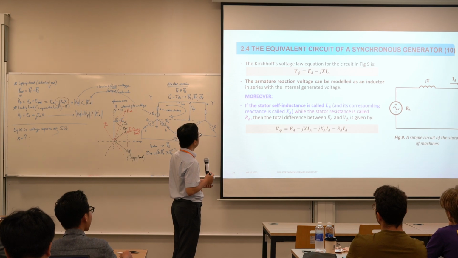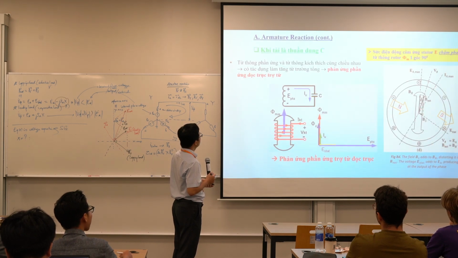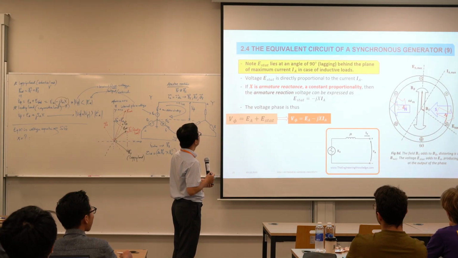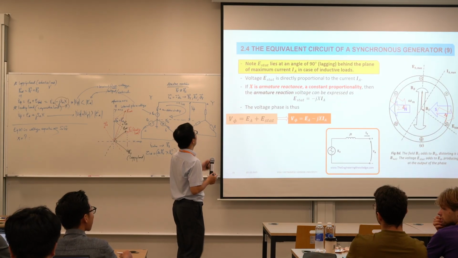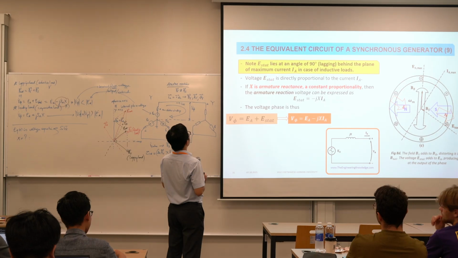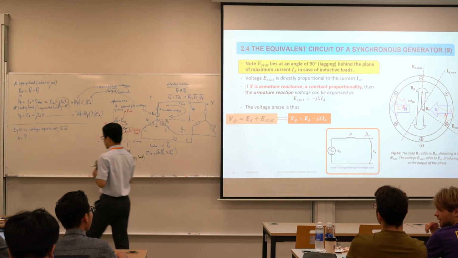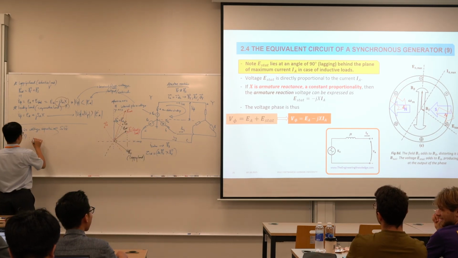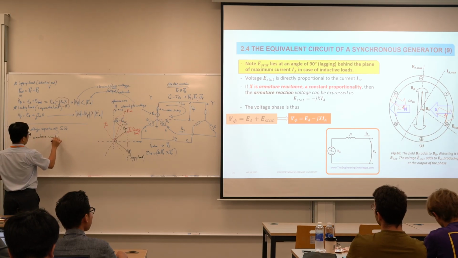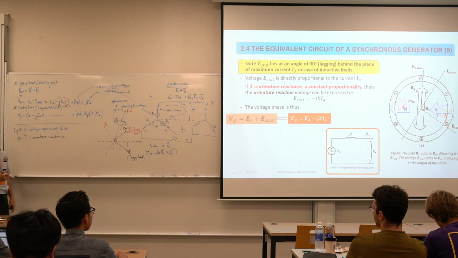X is, of course, we have some description of X. Wait, oh, here, X here. Yeah. I highlighted in red color, but I cannot see it. Okay, so X is armature reactance. X is armature reactance. Okay? X is armature reactance.